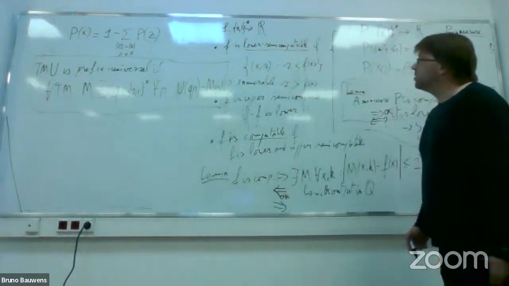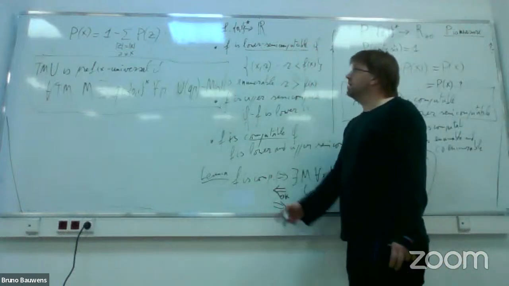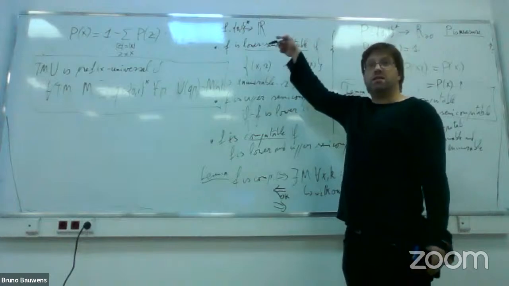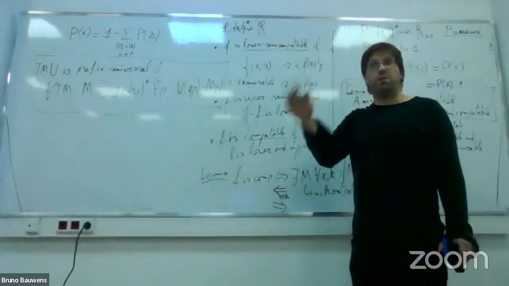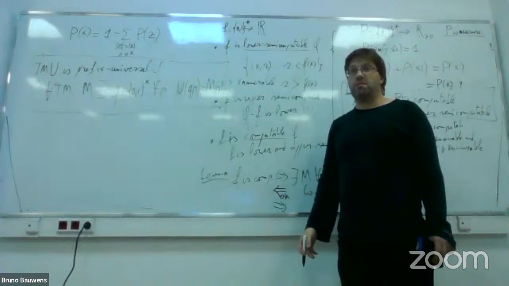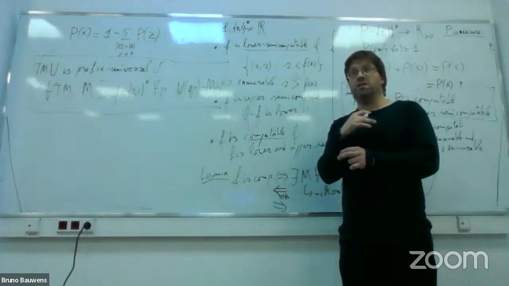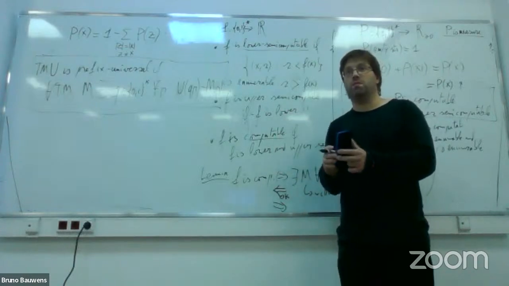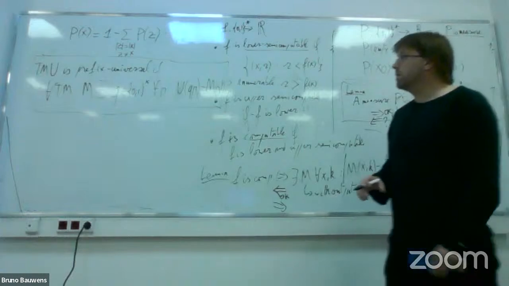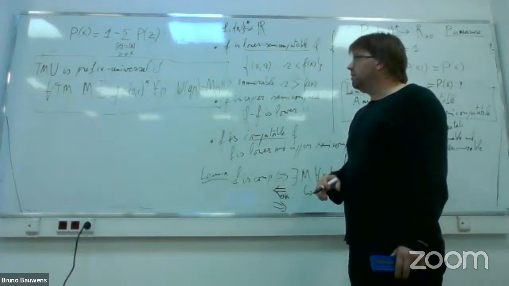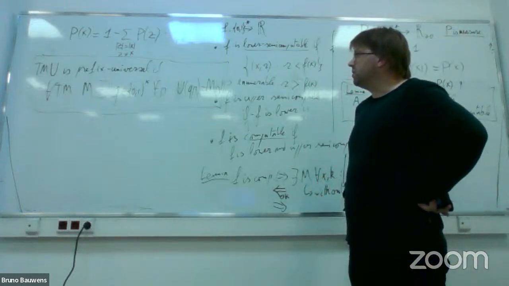And it will be important to understand what is this universal prediction when we run a machine on random input. It means that with certain probability, we will be simulating other machines, but I will explain it soon.